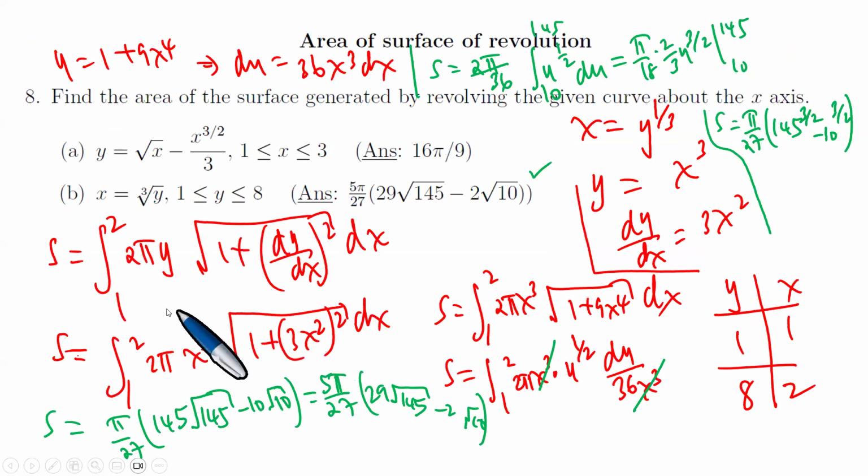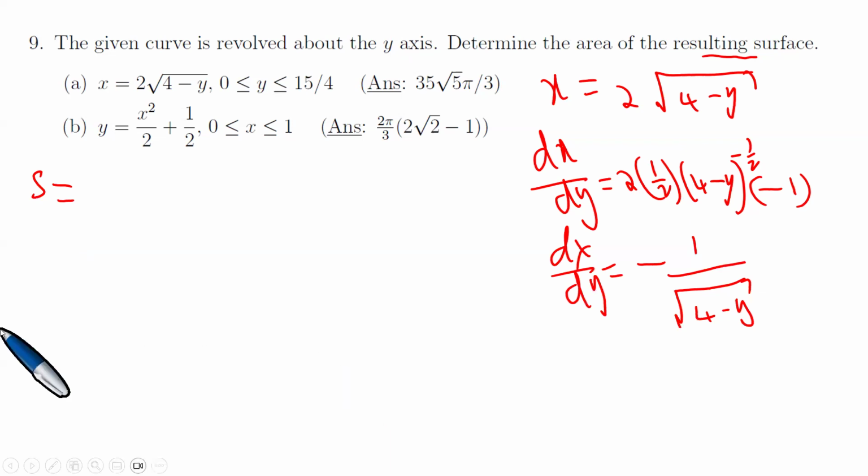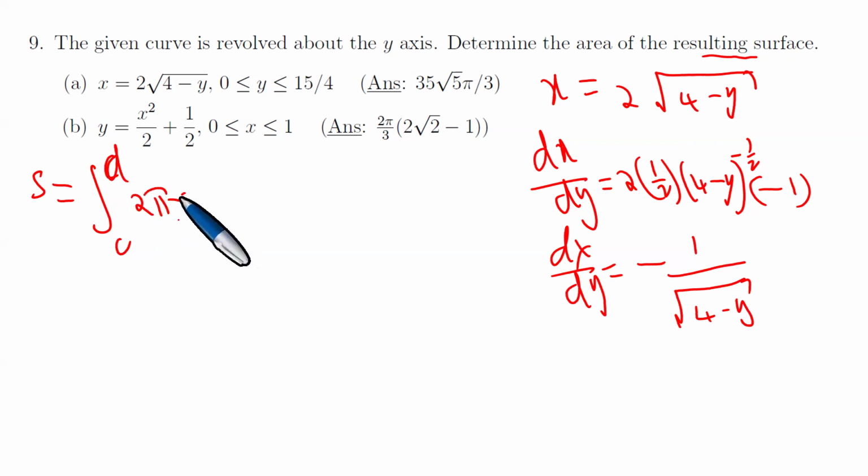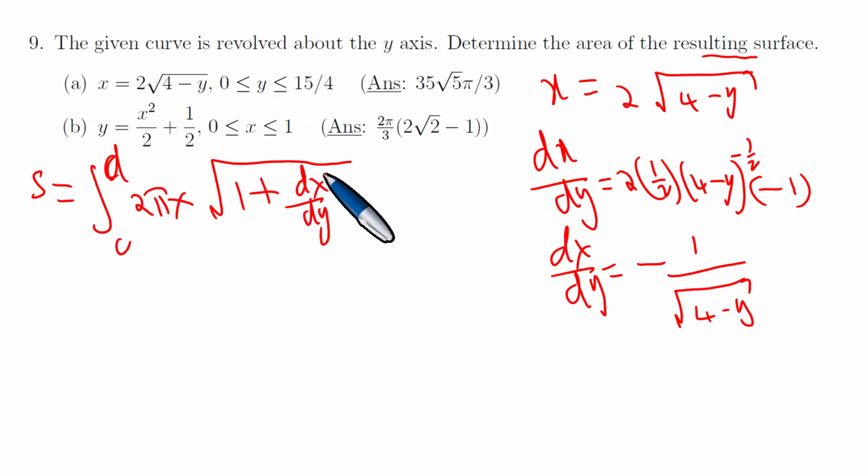Because x is the subject, it becomes the integral from c to d of 2 pi x times the square root of 1 plus dx/dy squared dy.